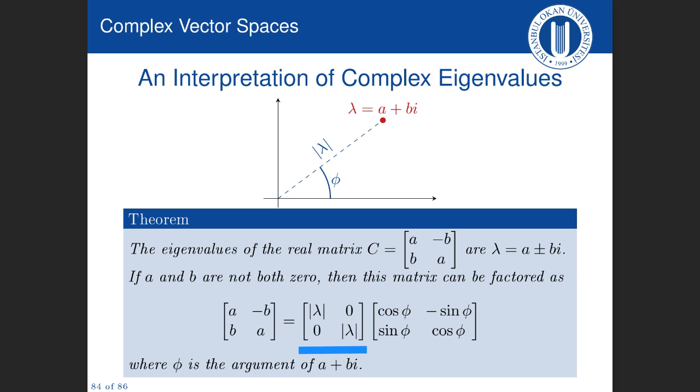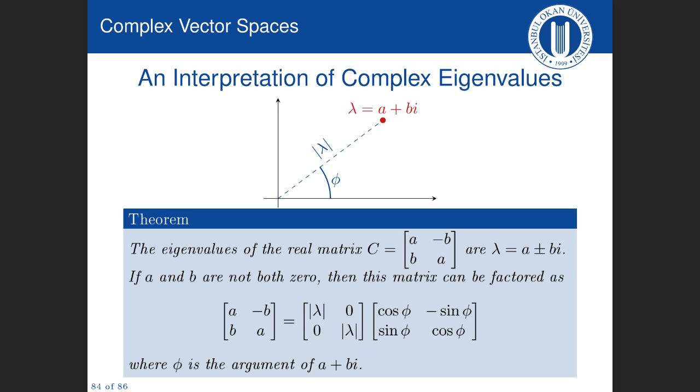We can have the absolute value of lambda, or because lambda is a complex number, the modulus of lambda, 0, 0, modulus of lambda, multiplied by cos phi, minus sin phi, sin phi, cos phi, where phi is the argument of lambda, a plus bi. What does that mean? Look in this picture, it means this angle here.